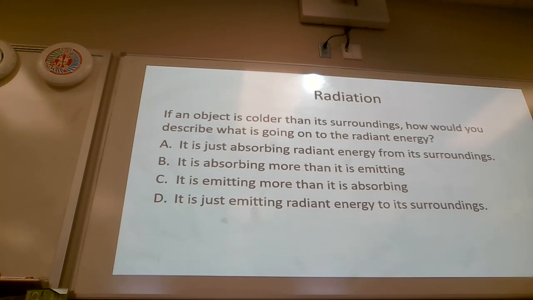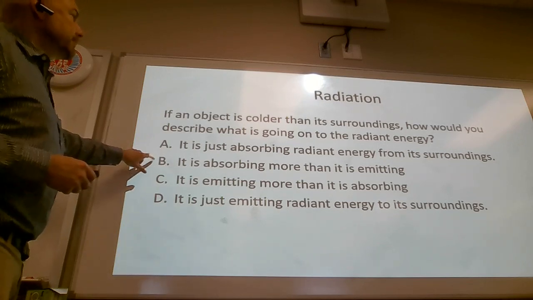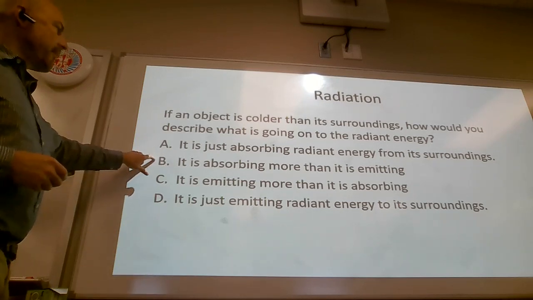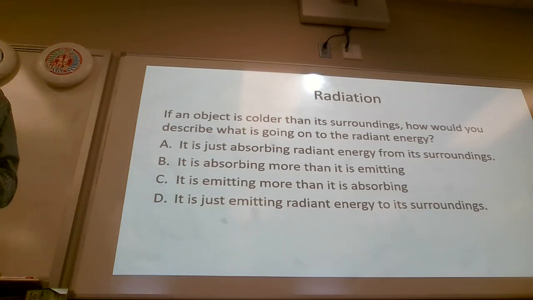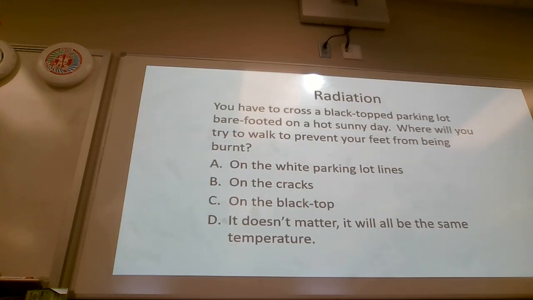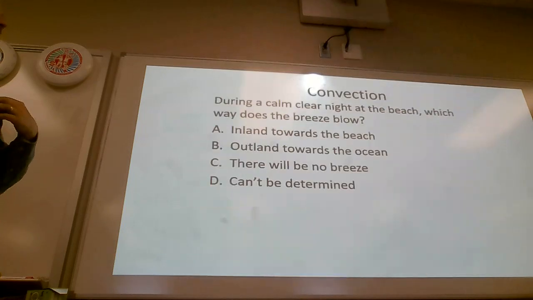Does that make sense? Okay. So if you're colder than your environment, you're going to be absorbing more infrared rays than you're emitting. Good with that?